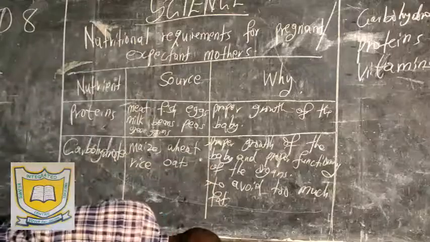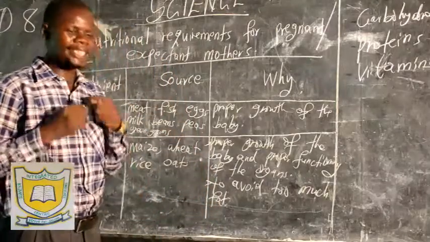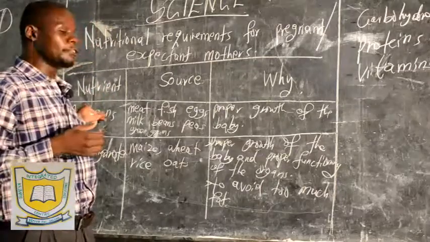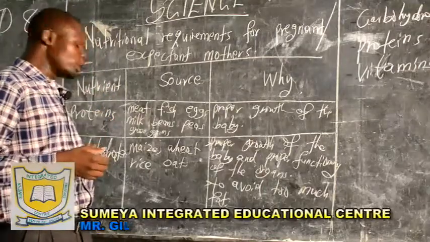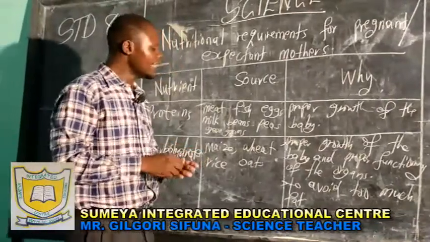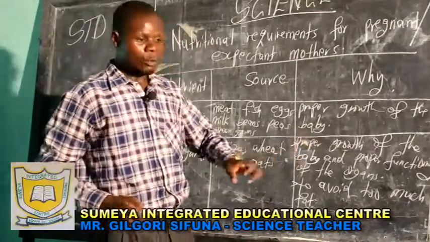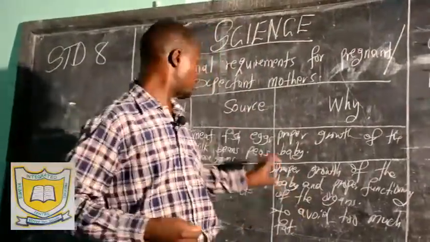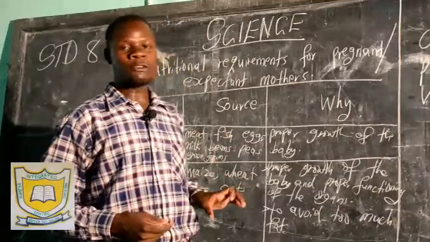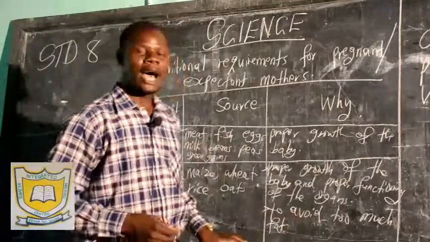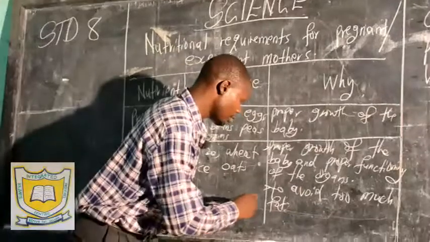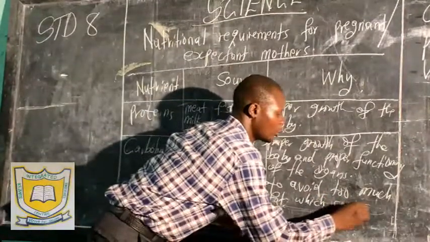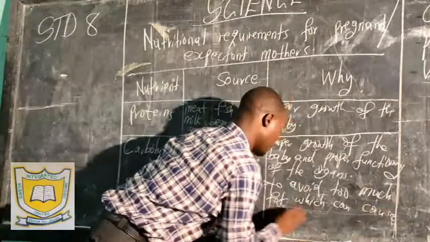Because when you provide a lot of protein, these are body building foods, and you are not including carbohydrates in your diet, then it means that the mother and the baby will fatten too much. As the mother and the baby fatten too much because of the proteins, then you find that it is causing what we call heartburn.